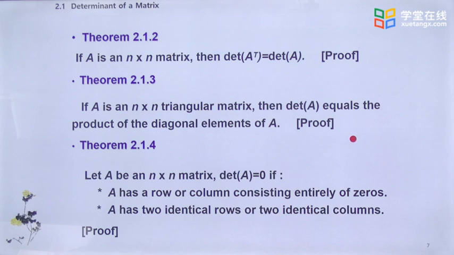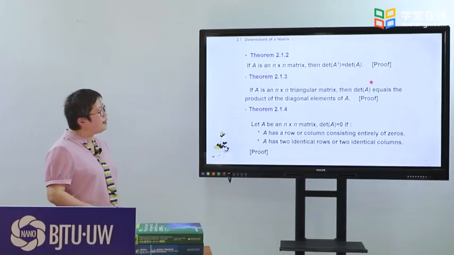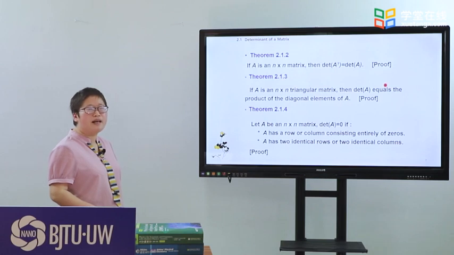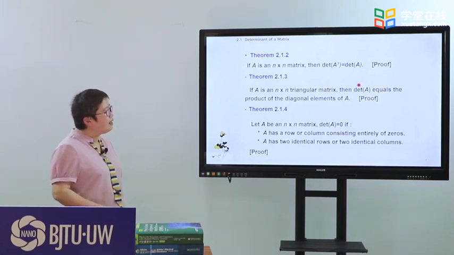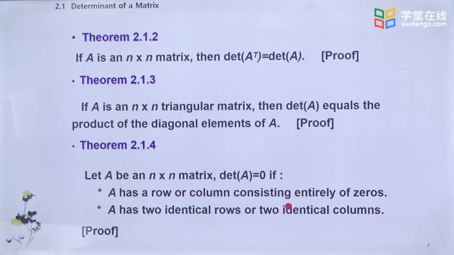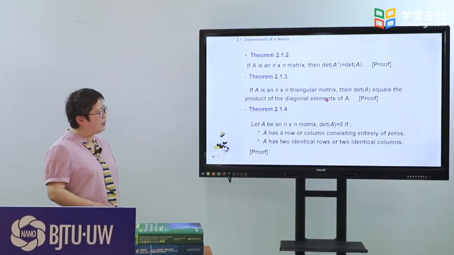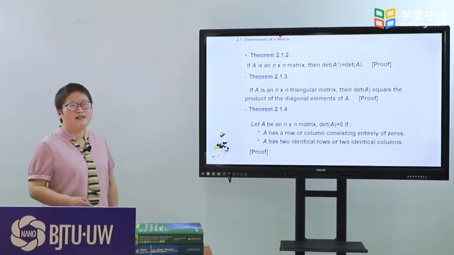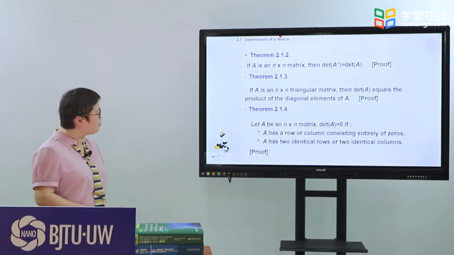The sign should be (-1) to the power 1 plus 1, a positive sign. And then the remaining submatrix is obtained by deleting the first row and the first column. You will still get a triangular matrix. So repeat this procedure, and you will get that the determinant of A just equals the product of the diagonal elements of A. Okay, so use the column expansion for an upper triangular matrix. And for a lower triangular matrix, you can use the cofactor expansion along the row.